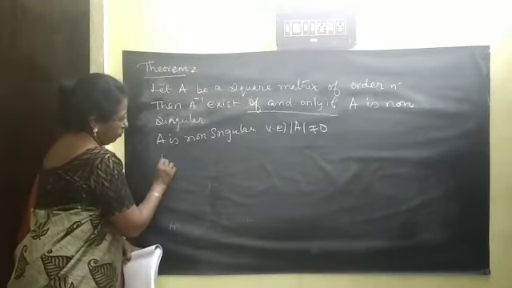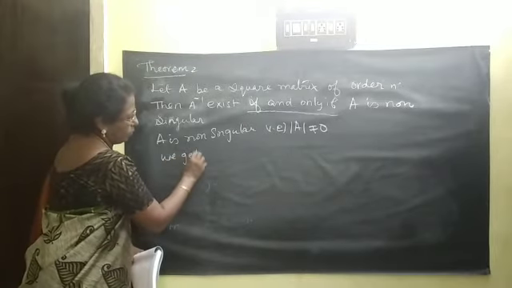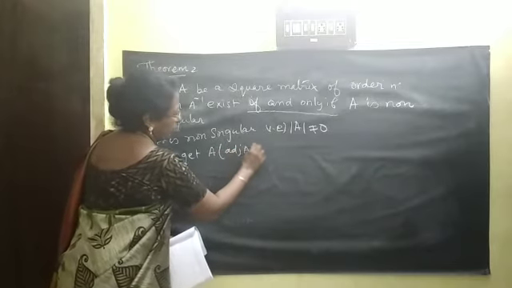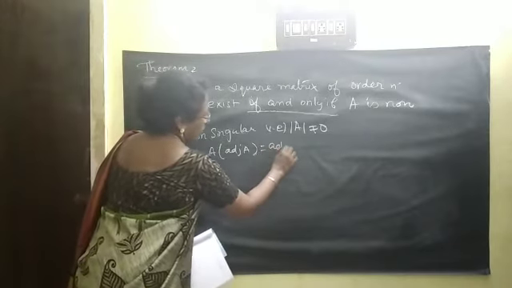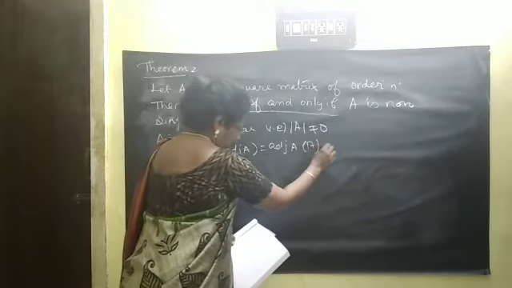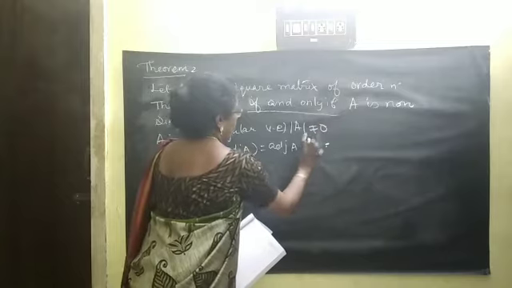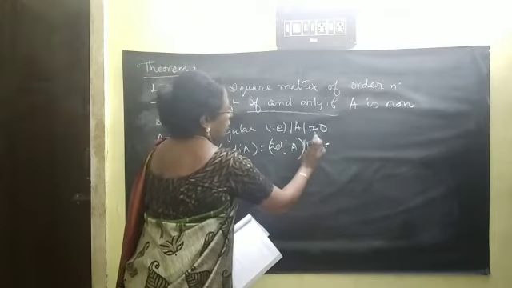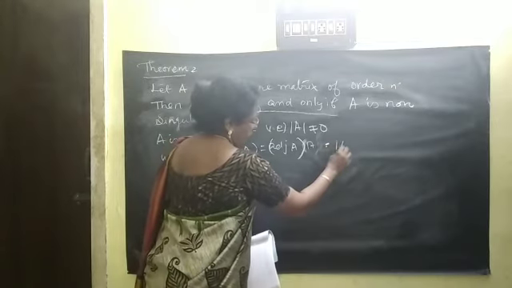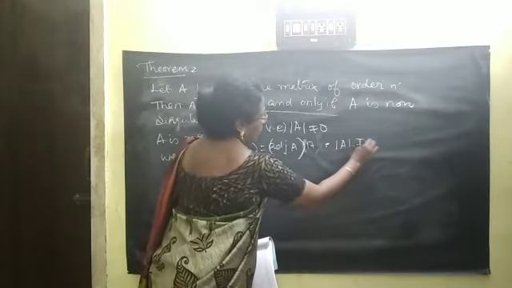We get A into adjugate of A is equal to adjugate of A into A is equal to determinant A into In.